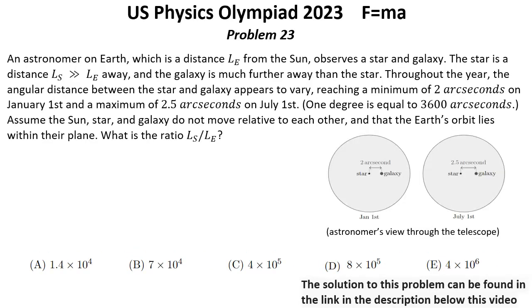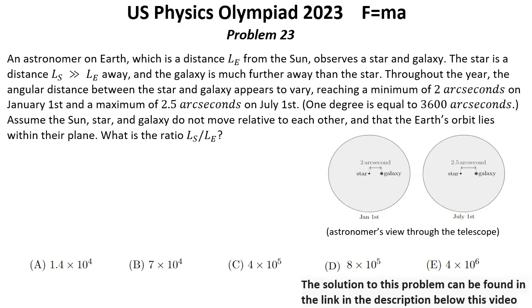Problem number 23. An astronomer on Earth, which is a distance LE from the Sun, observes a star and a galaxy. The star is a distance LS much greater than LE away, and the galaxy is much further away than the star.